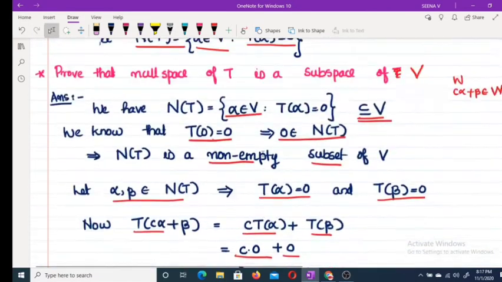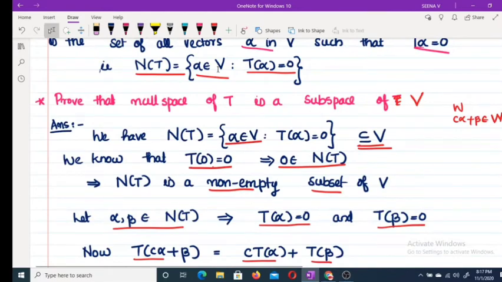N of T is the set of all alpha belongs to V such that T alpha equal to 0. This is a subset of V.